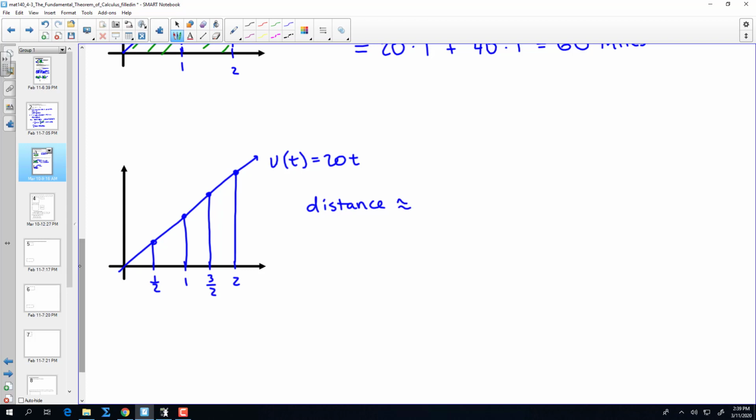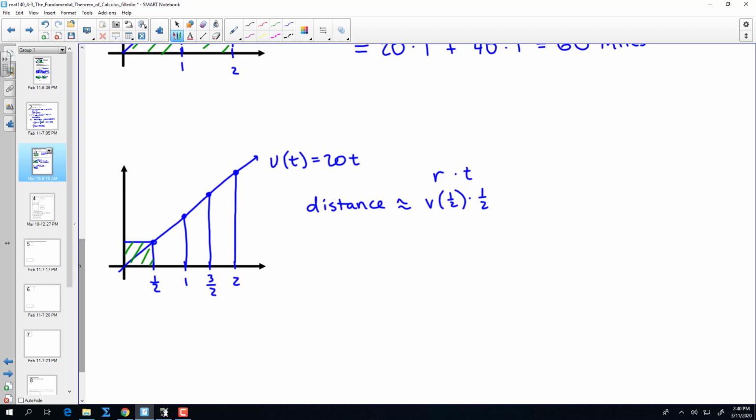So for instance, when I take the first interval here, which is 1/2 of an hour long, and multiply it by the height of the function, which would be the velocity, the total distance traveled there would still be slightly more than what we needed. But it's still determined by a rate times time. So the rate at the end of the first half hour this time, times 1/2 hour.